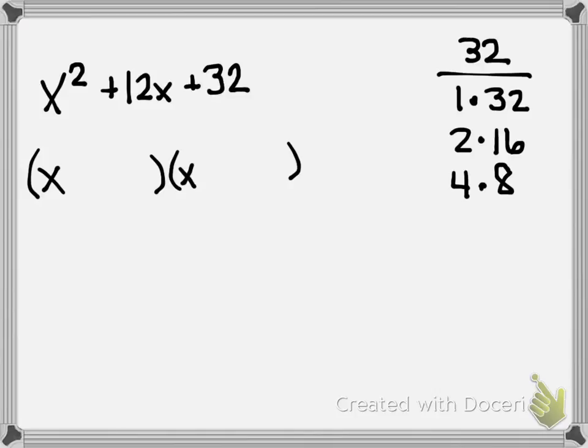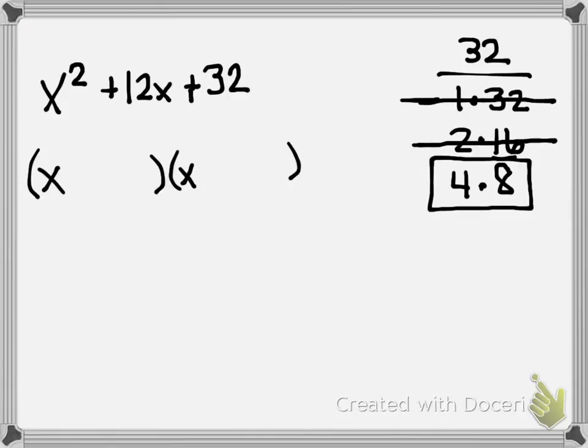I think that's about it. So where am I trying to get to now by adding them? I multiply these to get my constant, but I also add them to get my middle coefficient. Well, the top one would get me to 33 or 31, but not where I want to be, which is 12. The middle one I could get to 14 or 18, but not 12. But 4 plus 8 is definitely 12.